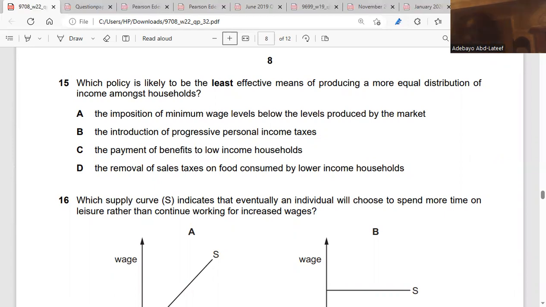What I'm saying is, if government is setting the minimum wage below the equilibrium wage rate, what is equilibrium wage rate? Equilibrium wage rate is the amount both employers and employees have accepted to do the job. But government is setting the wage rate below it. Is government trying to reduce the income gap? No. So that means this will not solve the problem government is trying to solve. So the answer is A. Do you get it?